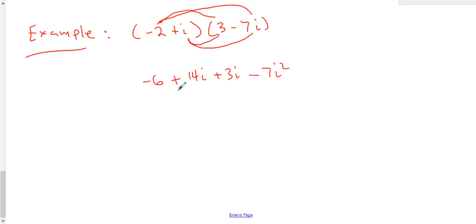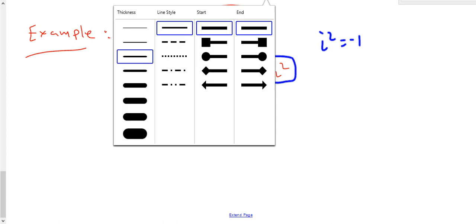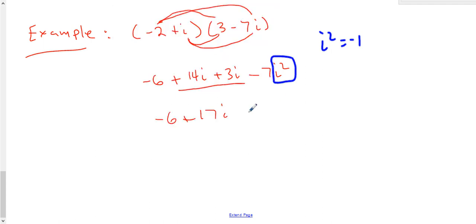So cleaning this up, I've got like terms here with the 14i plus 3i to give me 17i positive, so adding. And the fact that I have i squared right here, and I know that i squared equals negative 1, I'm going to have this minus, and then 7 times the negative 1.